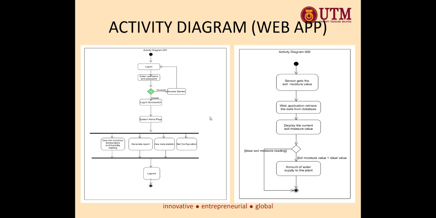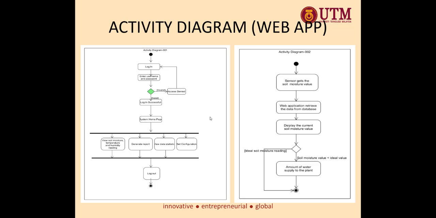And on the right part is the activity diagram for the hardware device. So the sensor will get the soil moisture value, and other sensors as well. And the web application retrieves the data from the database, and it will display the current soil moisture value.